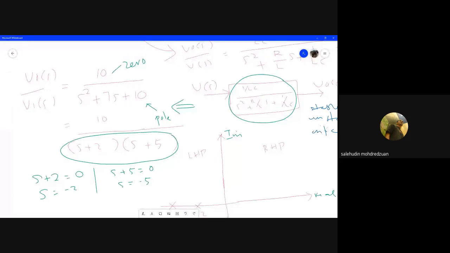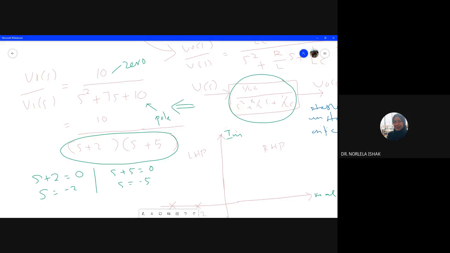Uh, itu depends pada soalan. Kalau soalan tu ada bagi komponen tu, dia bagi value, kan? If the question gives you value, so you kena substitute lah value dia tu dekat dalam transfer function.